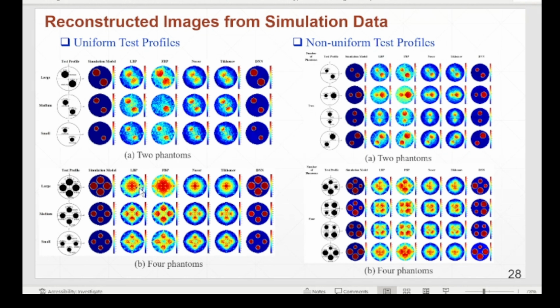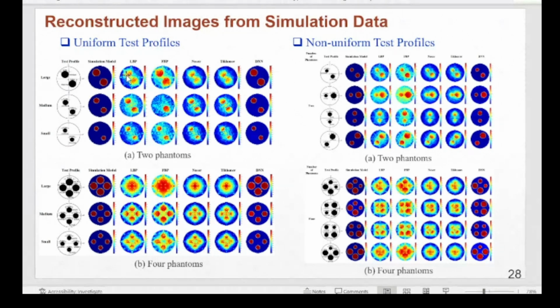2 phantom and 4 phantom have been used on our slide here because we have limited time and space. The right hand side here is the DNN method, and the other 4 columns here are LBP, linear back projection, filtered back projection, Landweber, and Tikhonov, and this is the simulated image. The test profile here is the subject that we use to simulate, and the simulation results are shown here using a COMSOL simulation model.